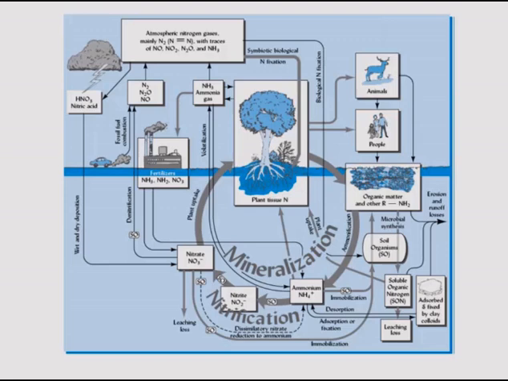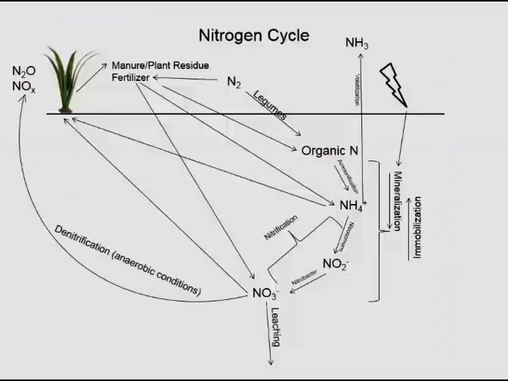Now, even for me, this schematic here is a little bit complicated. So what I have done is, using my best art skills, I have devised my own nitrogen cycle. Okay, and the way this works is basically like this.